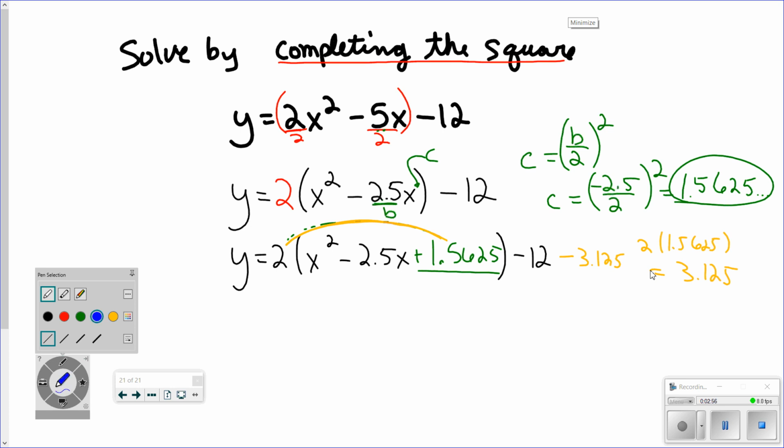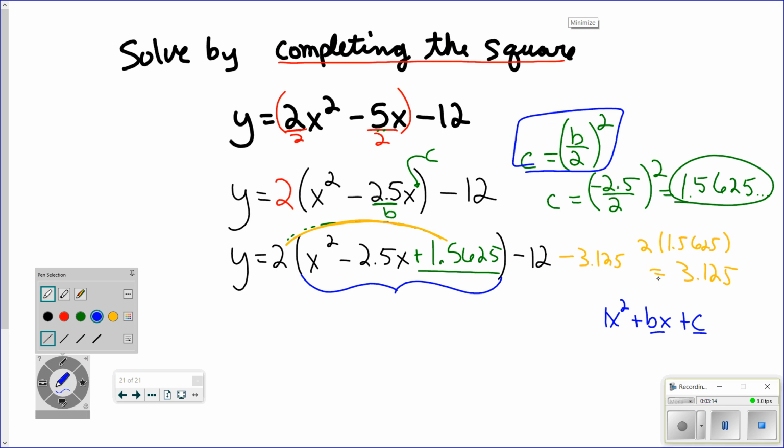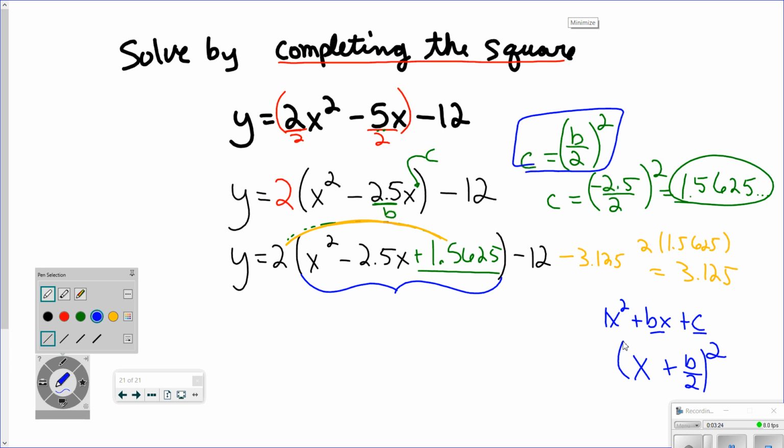So our last step now is this is a perfect square. When you have something that is a perfect square, where you have a 1 in front of your x squared, you have the relationship between c and b such that c is b divided by 2 squared. That means that you can rewrite that as something being squared. That something being squared is x plus your b term divided by 2.